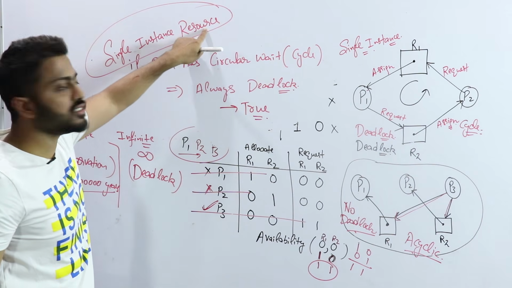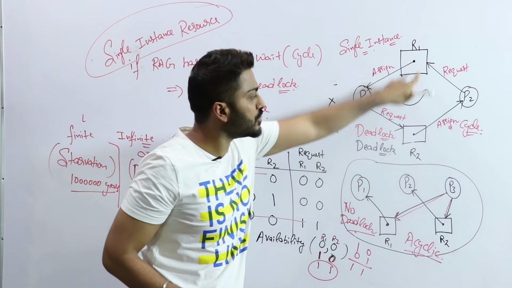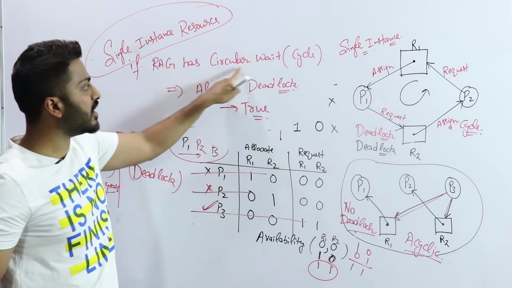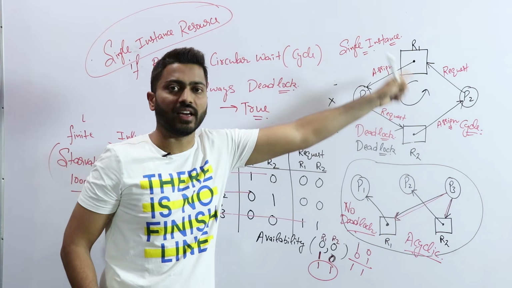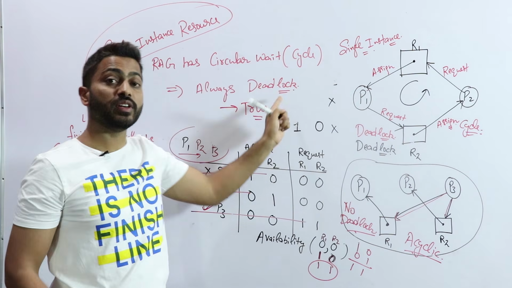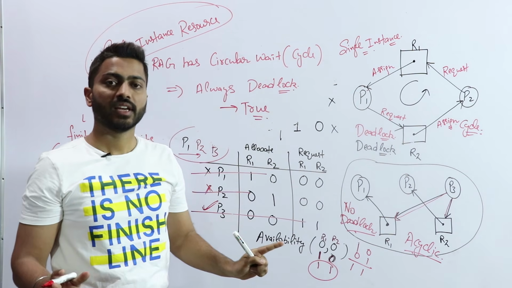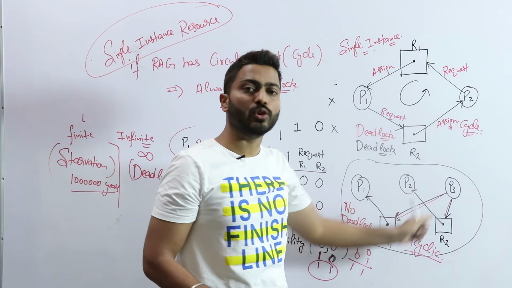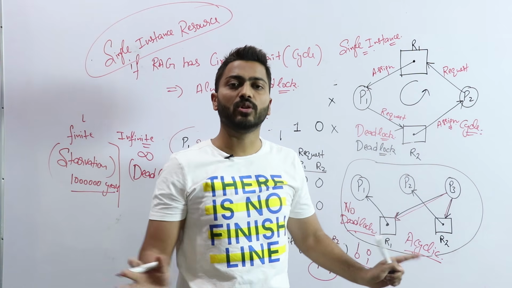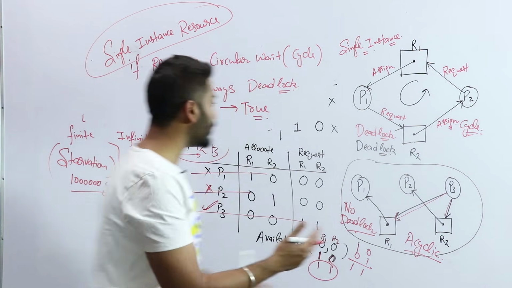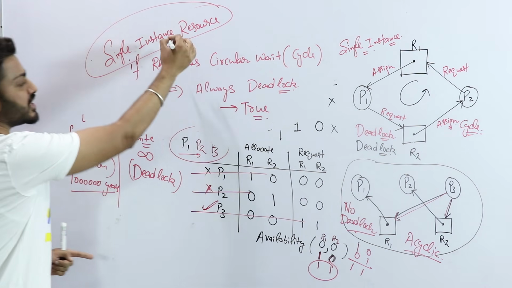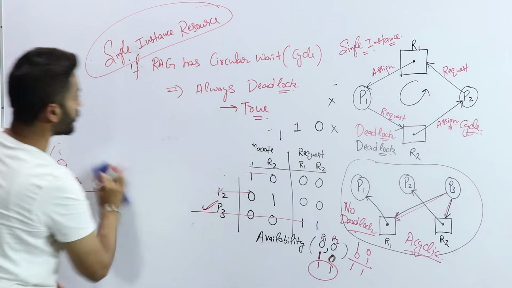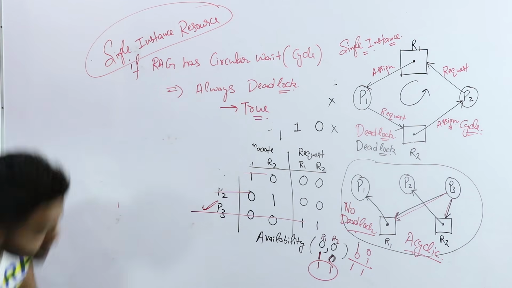If every resource is of single instance and there is a circular wait, which means there is a cycle, then there will always be a deadlock. And if there is a single instance and there is no circular wait, there will be no deadlock. So the vice versa is also true, but only for a single instance.